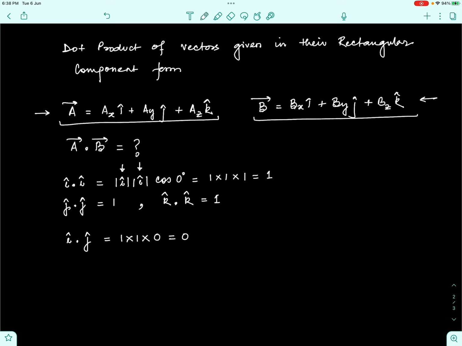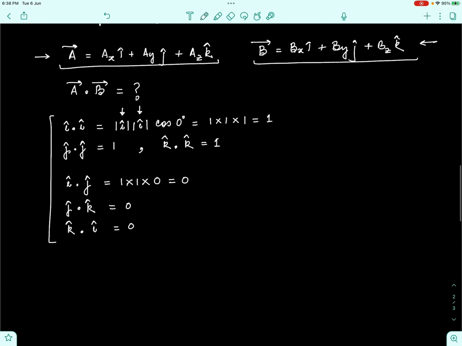Do we understand that the same value will be there for all the other dot product pairs that we take between two different unit vectors, which means j cap dot k cap will also be 0 because j cap and k cap are two perpendicular unit vectors. k cap dot i cap will also be 0 because k cap and i cap are also two perpendicular vectors. So, once we know the dot products of these unit vectors, we can go about finding the dot product of vectors A and B using the basic definition.